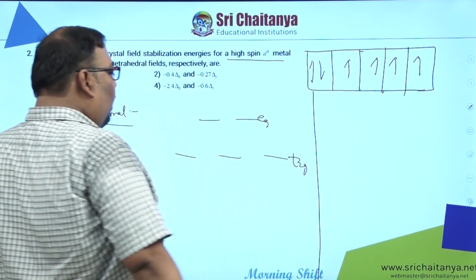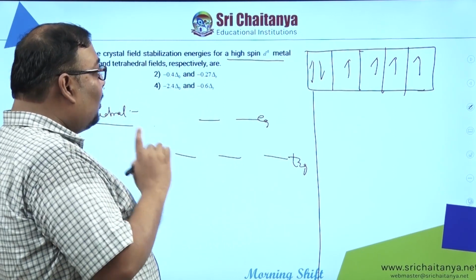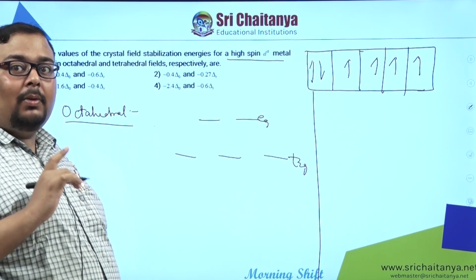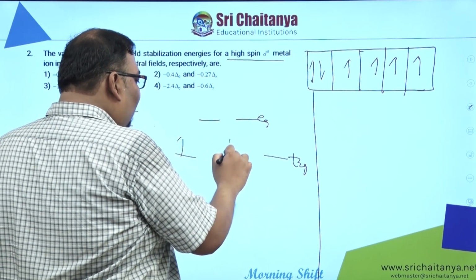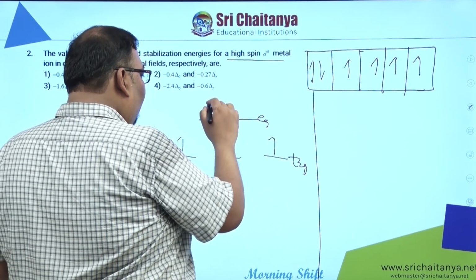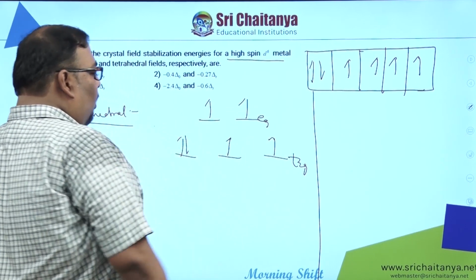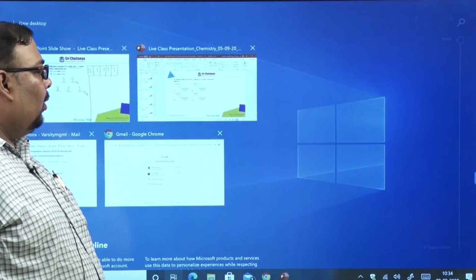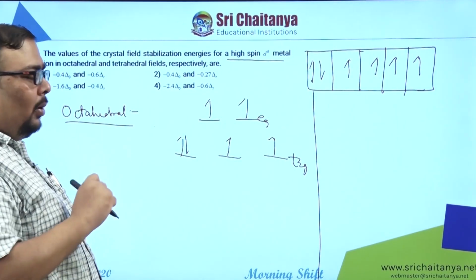Now you see, when you're talking about the arrangement of electrons, since it is a high spin complex, there will be no forced pairing. This means that as per Hund's rule, we'll be filling all the electrons singly and then like this. So in this case, this will be the configuration.